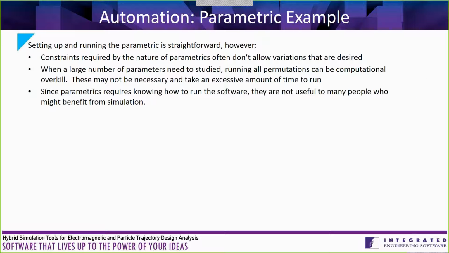The parametrics do require a user who knows the software, and it requires some time to set up in every single model that you want to use it on, even if the models are similar. So there are some downsides to the parametric, and it's fundamentally limited because you can't do arbitrary things. You're just making basic variations on something that already exists.